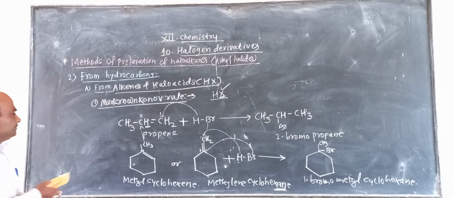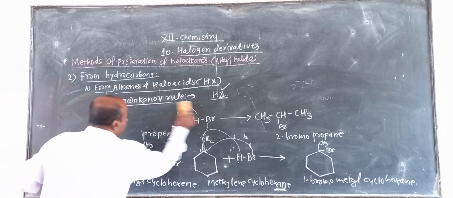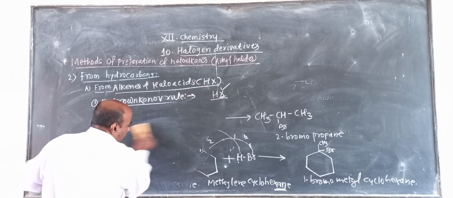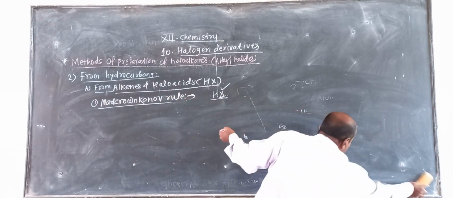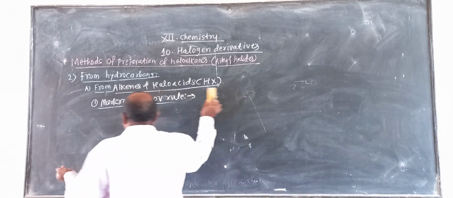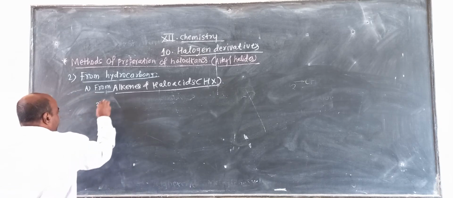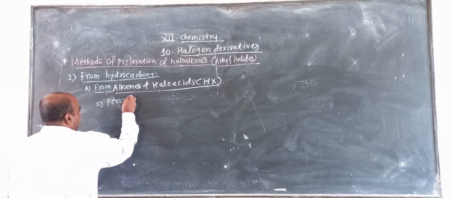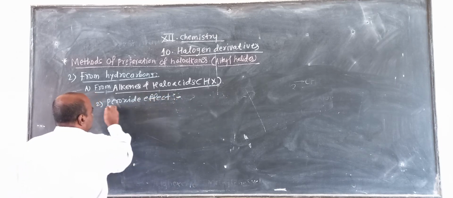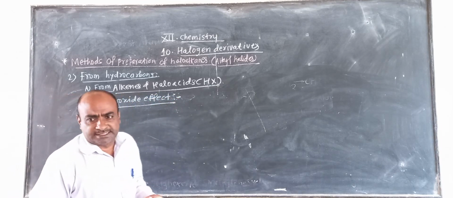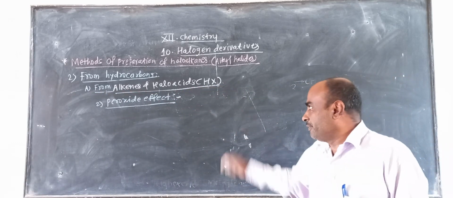Okay. Now the second is the anti-Markovnikov rule, also called the peroxide effect. This effect is also called the Kharasch effect or Kharasch-Mayo effect.